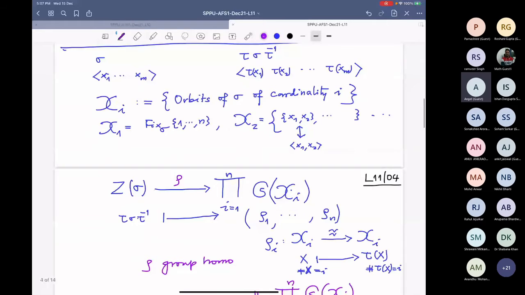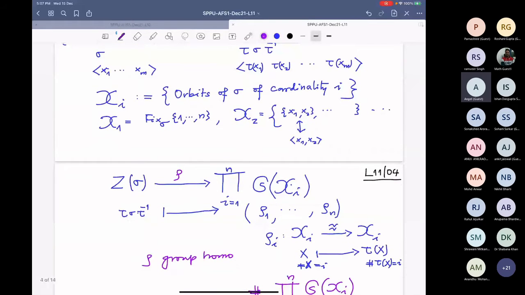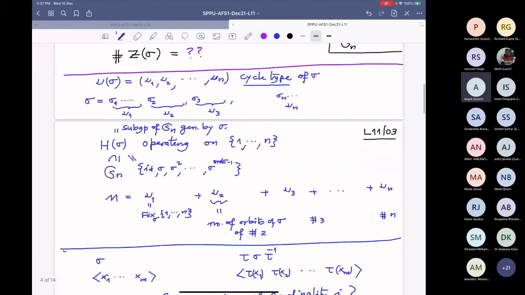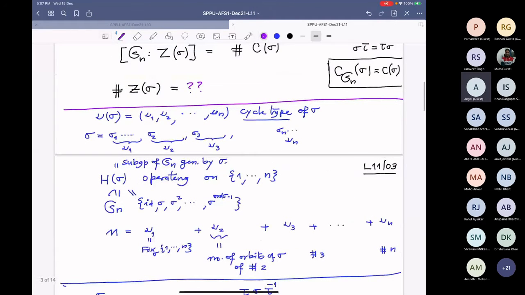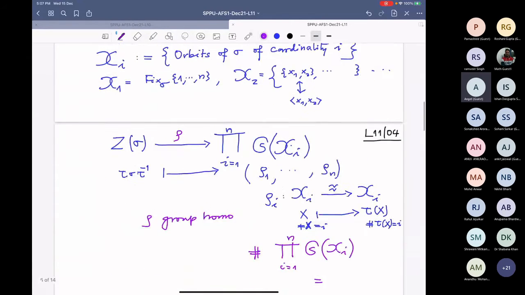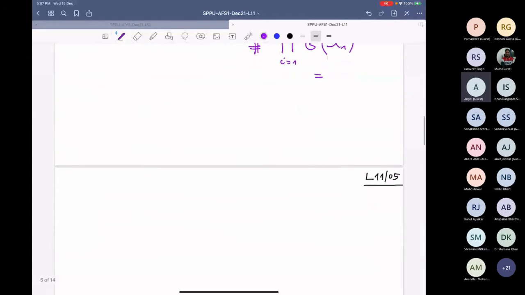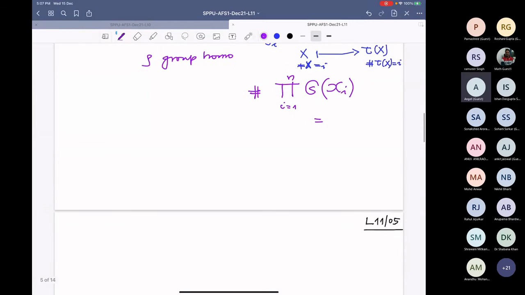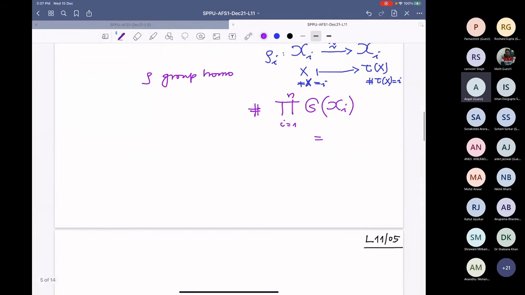X2 is, for example, the set of orbits of cardinality 2, and our notation says nu 2. I've written here exactly, number of orbits of sigma of cardinality 2. Now we can tell what is the cardinality of S of X2, for example. It is nu 2 factorial.